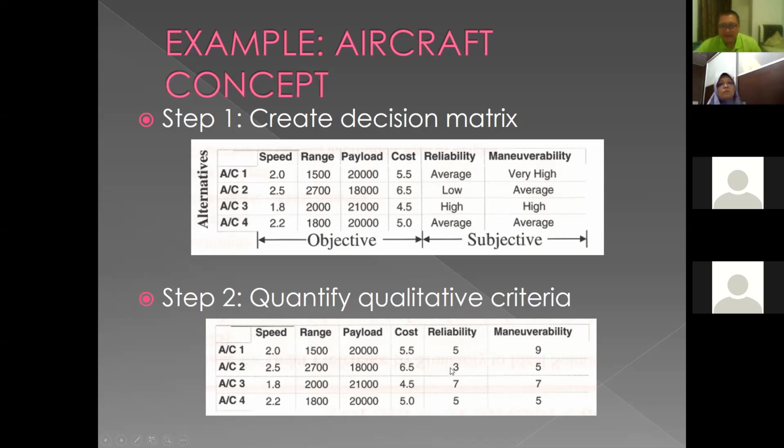Then low is 3, high is 7, and average is 5 again. Very high is rated at 9, and the rest follows: average 5, high 7, and average 5. Now we have numbers, so we can quantify. Done with step number 2.